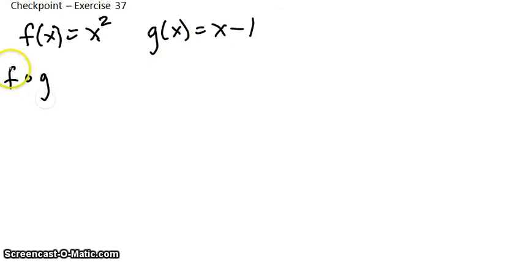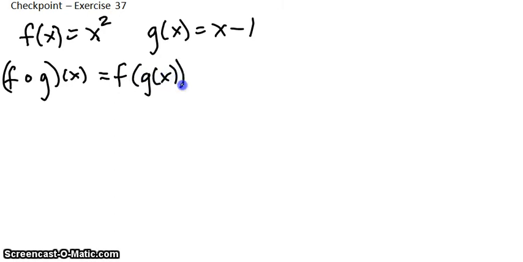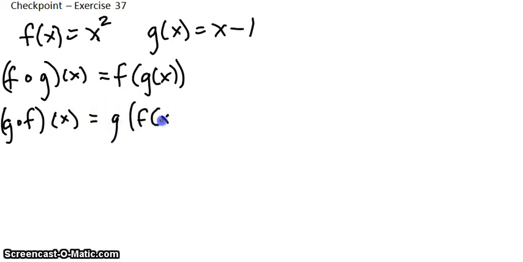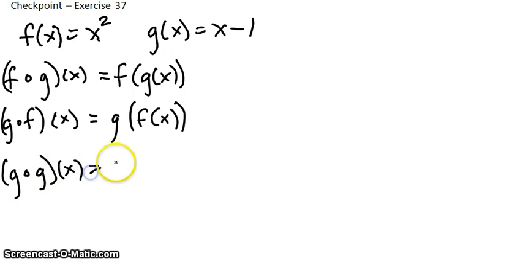F composed with G, which is the same thing as this. G composed with F, which is the same thing as this. And lastly, G composed with G, which looks like this.